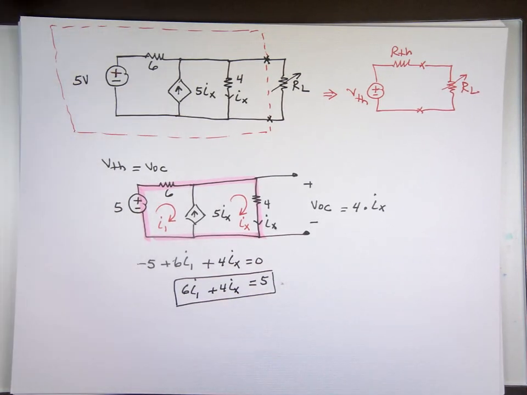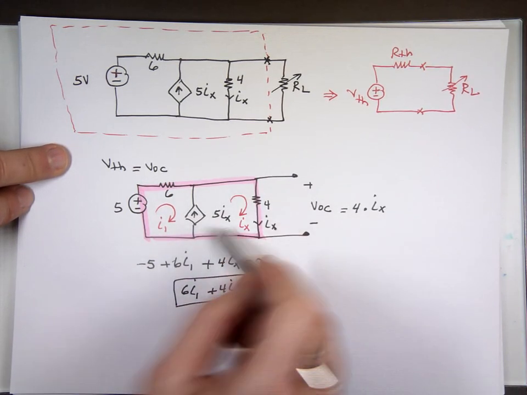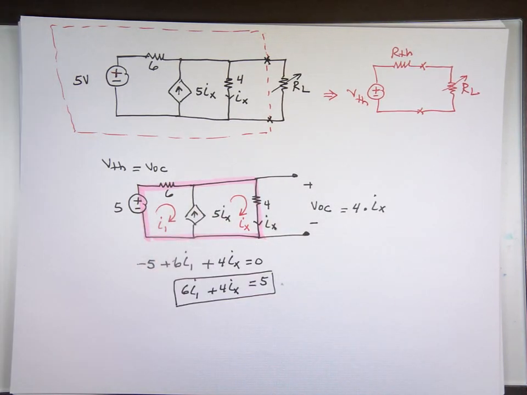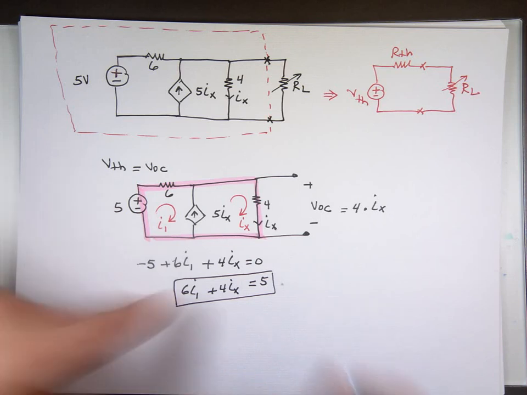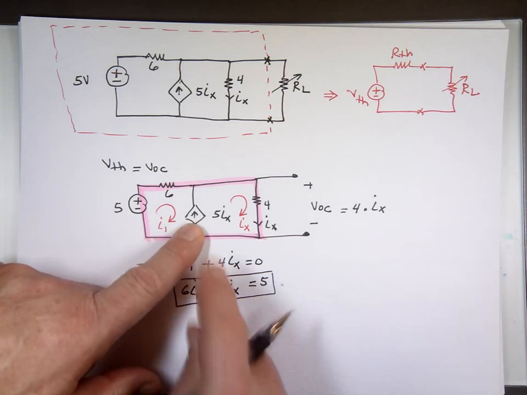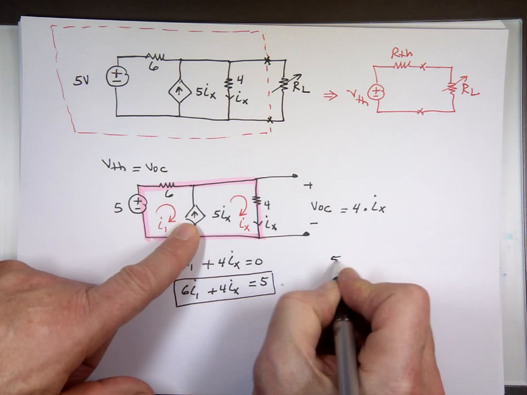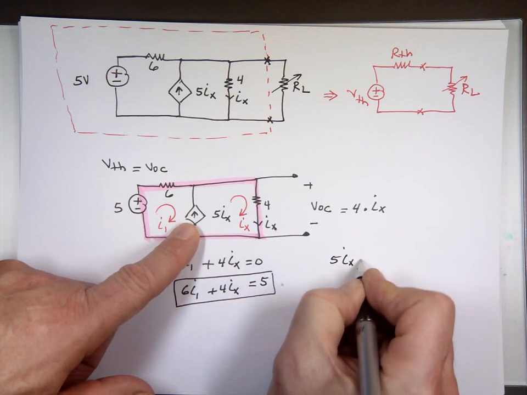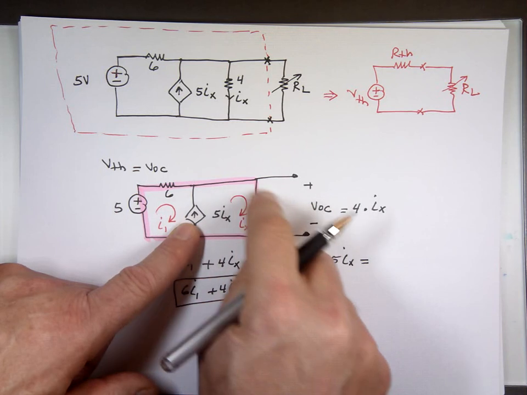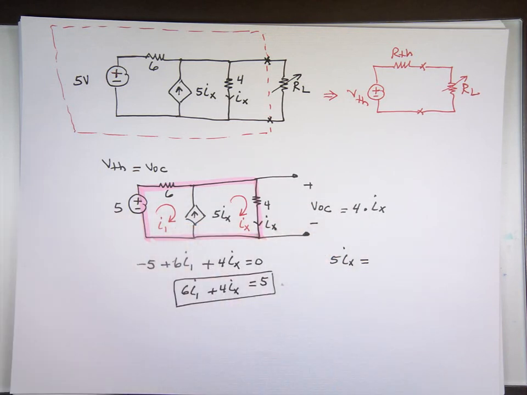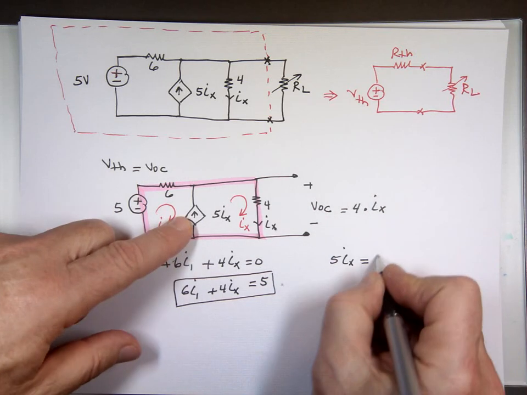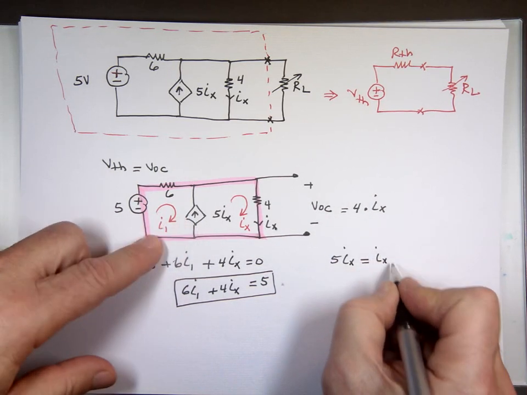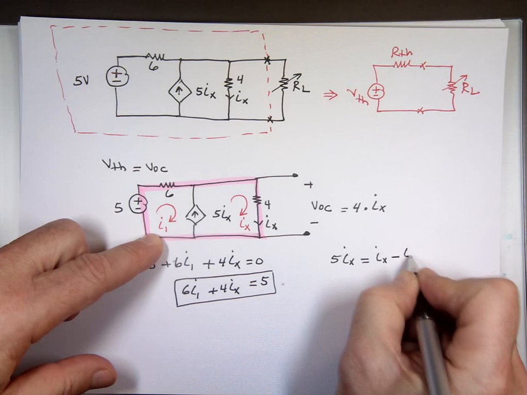As I said, I can't do an equation here, and I can't do one here. So what should I do then? I can use this dependent source. The current pointing upward, 5 I sub x, should equal, notice, this I sub x is pushing upward, so it's I sub x minus I sub 1.